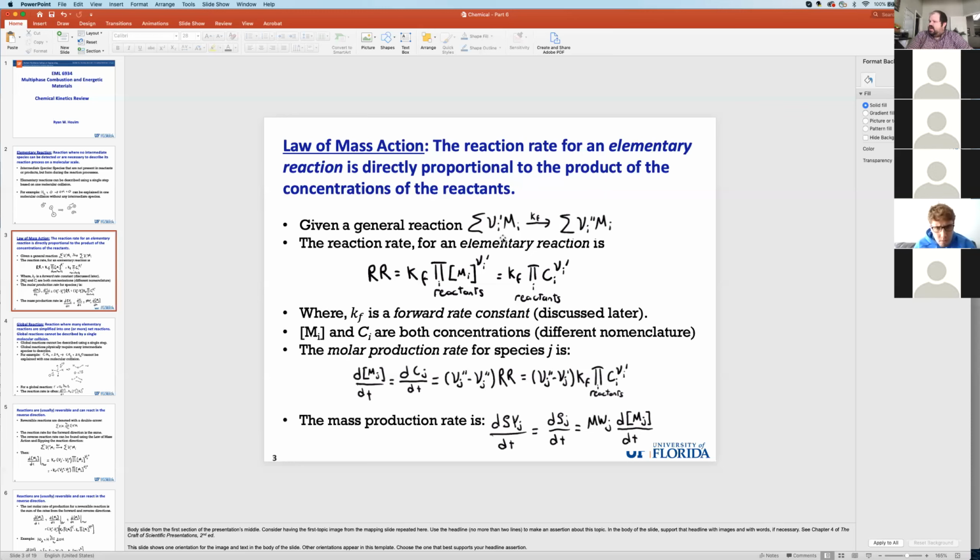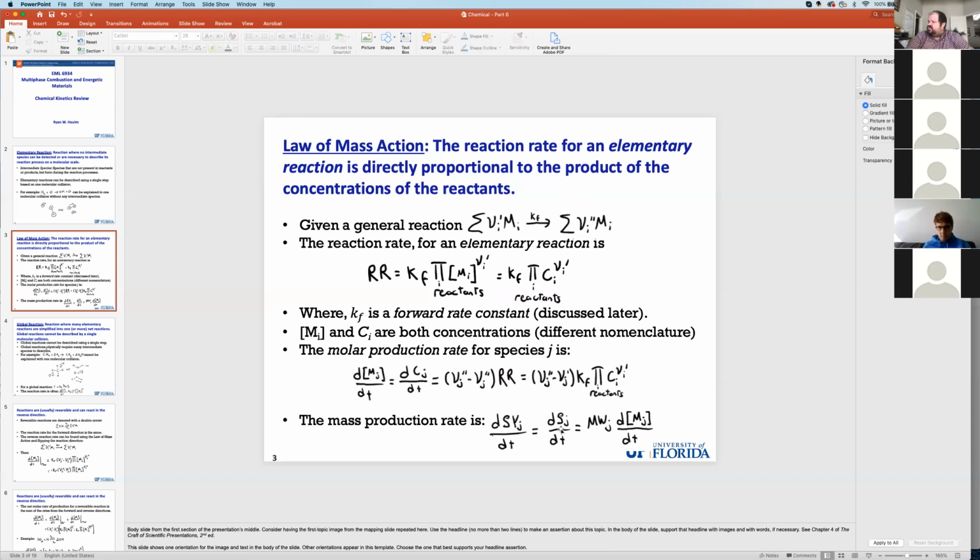Often when you're dealing with a physical code, you're more interested in the mass production rate, and that is the time rate change of species density, which is just the density times the mass fraction of species J. Sometimes that's just listed as rho_J. So rho times Y_j and rho_J are the same thing.